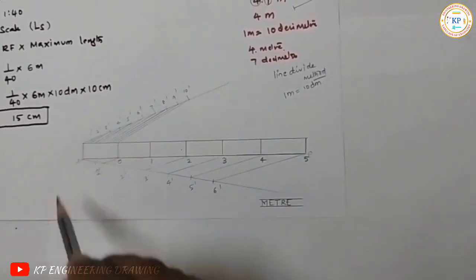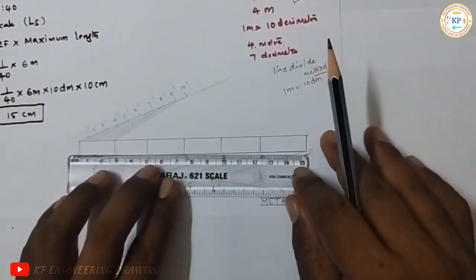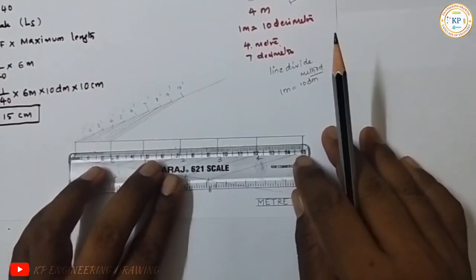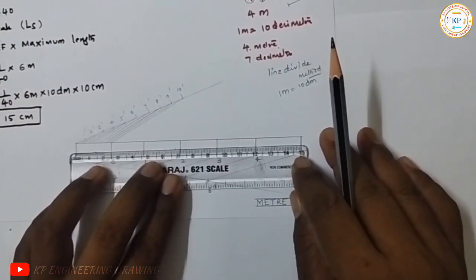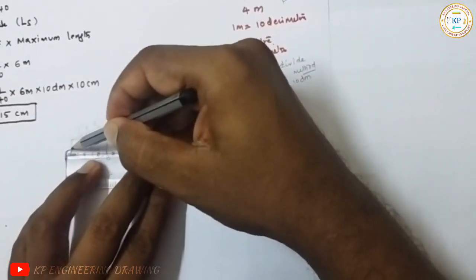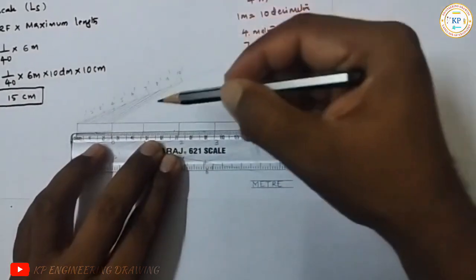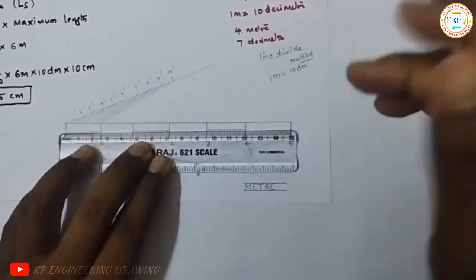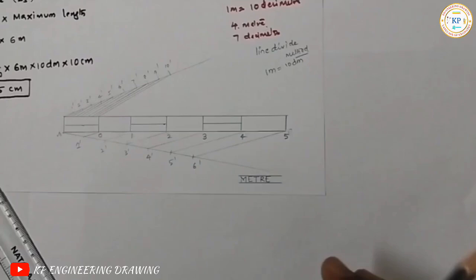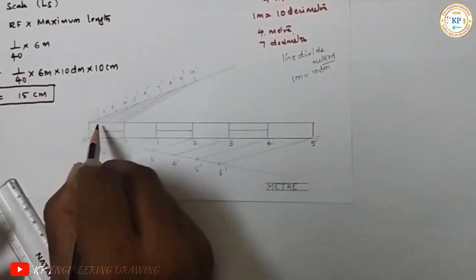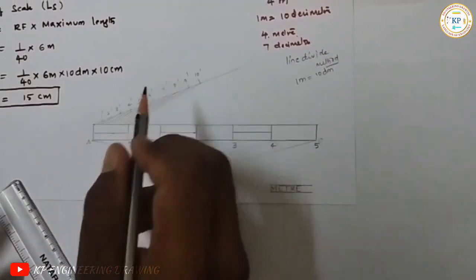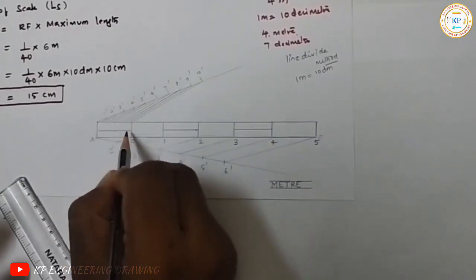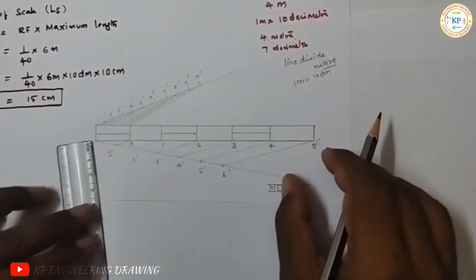Now to the main scale, I will draw a horizontal line, right? Here I have drawn 1, 2, 3, right? So now you project all these points, 1 to 10 points are there, no? So all these points vertically downwards onto this line.